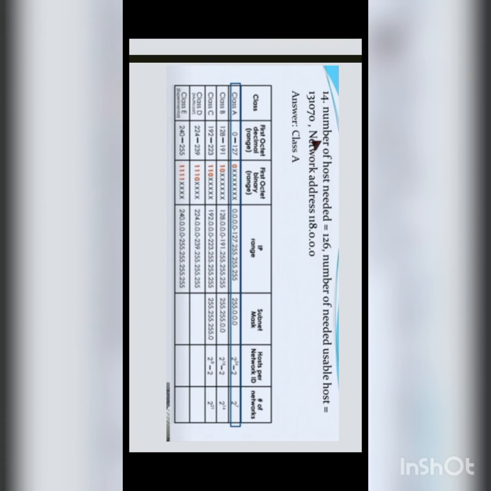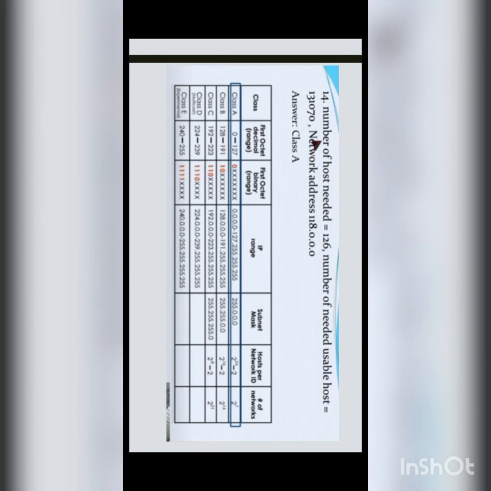So number 14. Number of hosts needed is equal to 126. Number of needed usable hosts is 131,070. And the network address is 118.0.0.0.